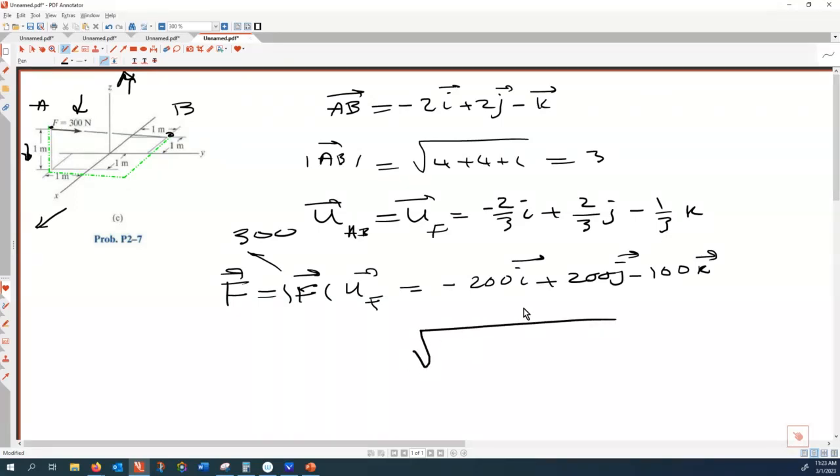So if I do the magnitude of this force, that is 200 squared plus 200 squared plus 100 squared. So if you solve that, that should be 300. Yes, that's one way of testing your solution, testing your answer.